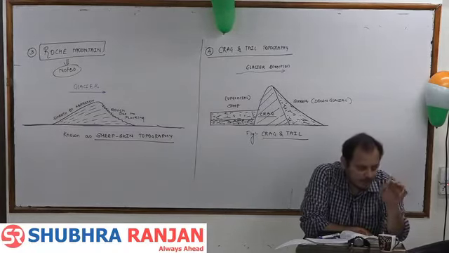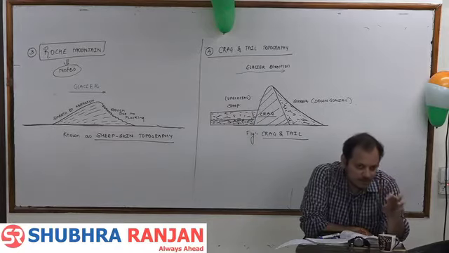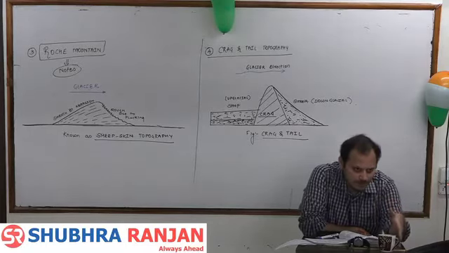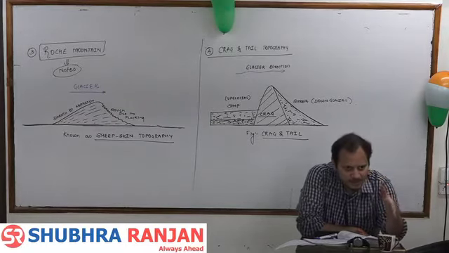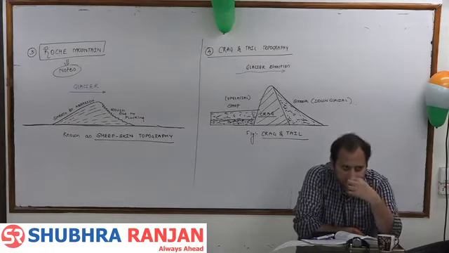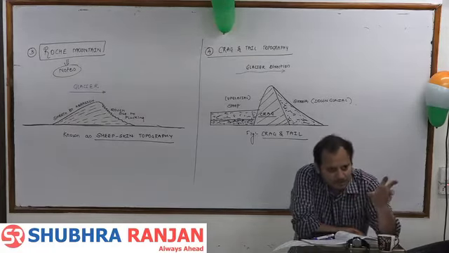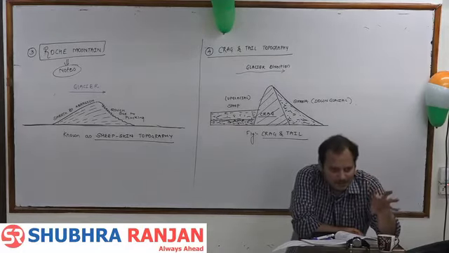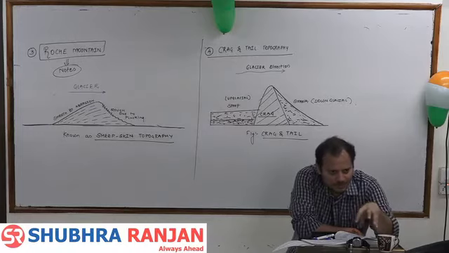If you can see, I am taking the diagrams from the GC Leong, but we are taking the content from Savindra Singh. मतलब optional के ये diagrams जो easy है, they are in good in GC Leong. You cannot make the diagrams which are in Savindra Singh, etc. They are just three-dimensional photos of something. But GC Leong का content is too basic. Obviously, in the optional, the content of GC Leong won't work.